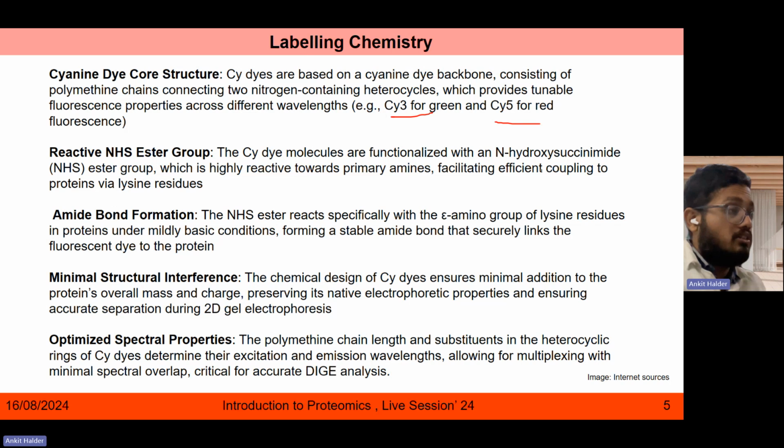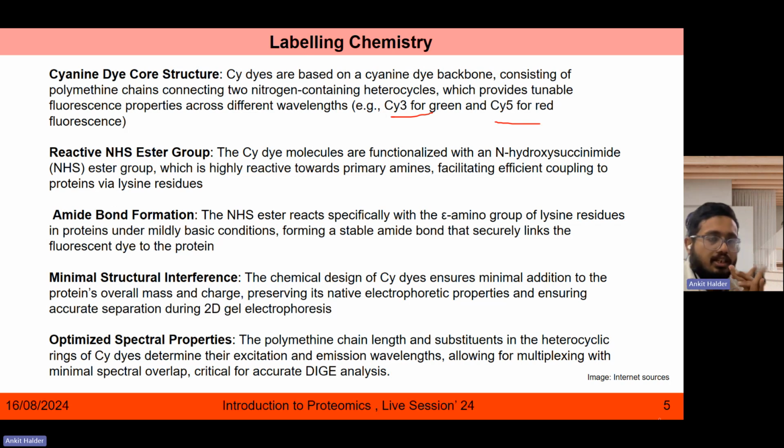Tunable means that the properties can be changed. So the polymethine chain with nitrogen-containing heterocycles provides tunable fluorescence properties across different wavelengths.